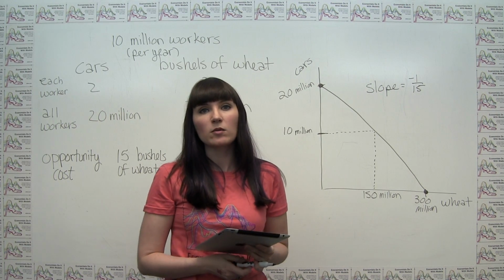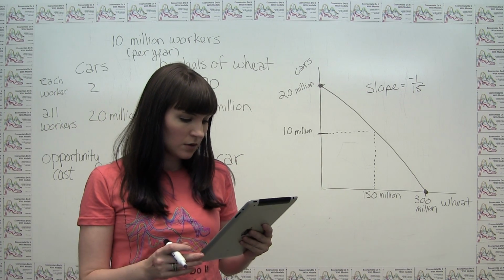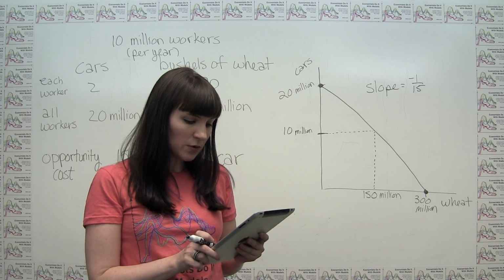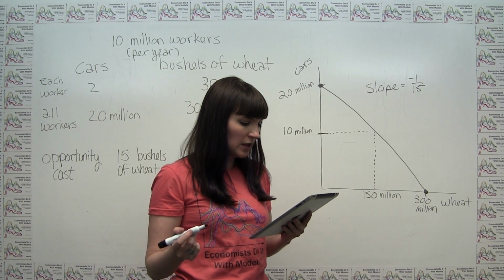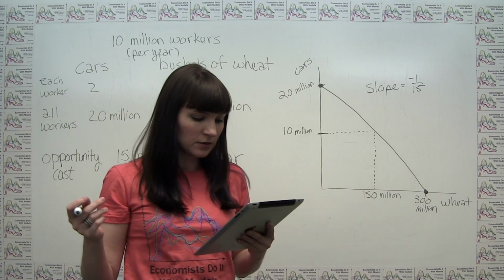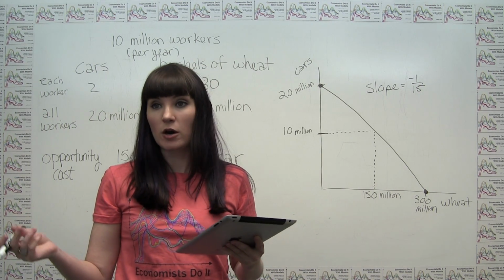Now, in the last part of the problem, we get a trade to consider. So here, it says, now suppose that the United States offers to buy 10 million cars from Canada in exchange for 20 bushels of wheat per car.